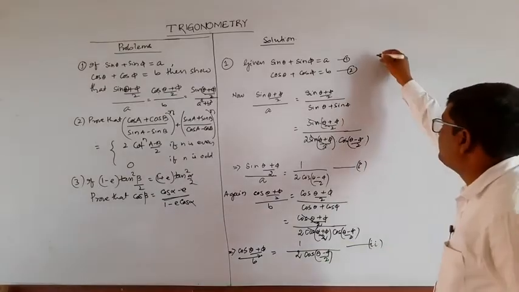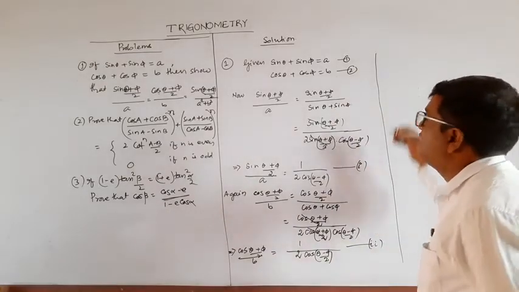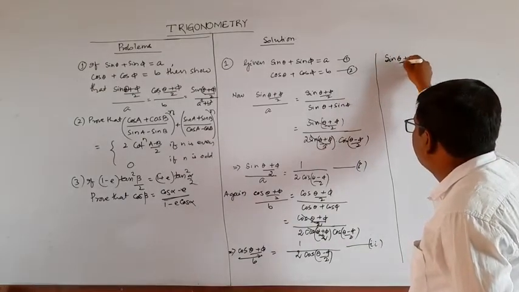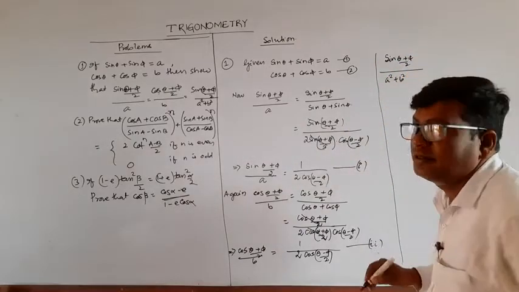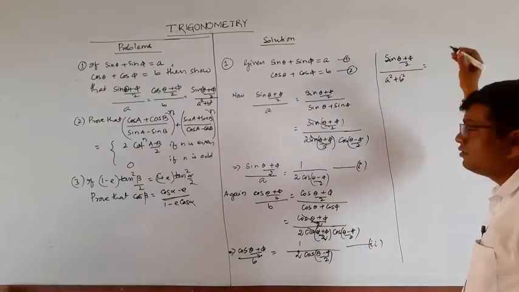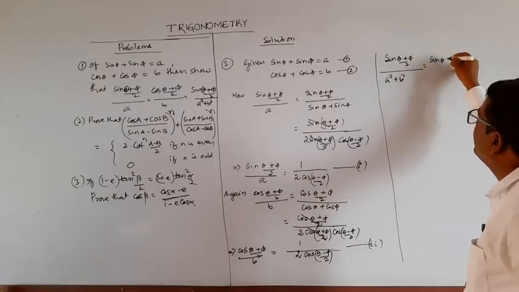Again, now sin((theta plus phi) by 2) divided by A square plus B square.